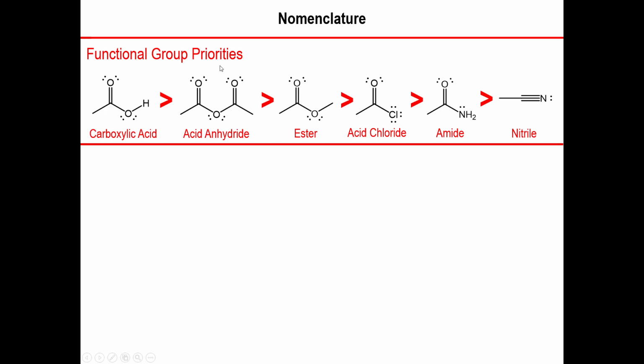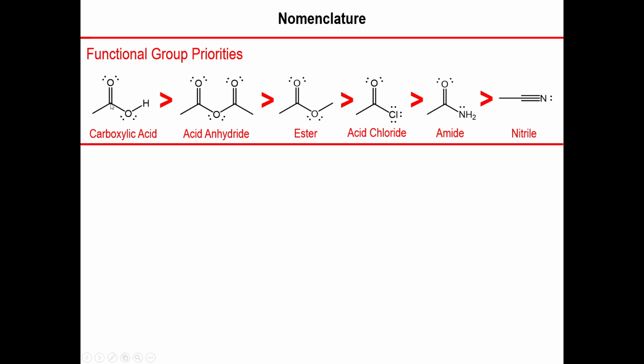So we're going to start with the highest priority, which is the carboxylic acid. After that, acid anhydrides take priority. After them, esters, then acid chlorides, then amides, then nitriles. And to some degree, the priority is definitely arranged based on how much oxidation is happening at that central carbon.